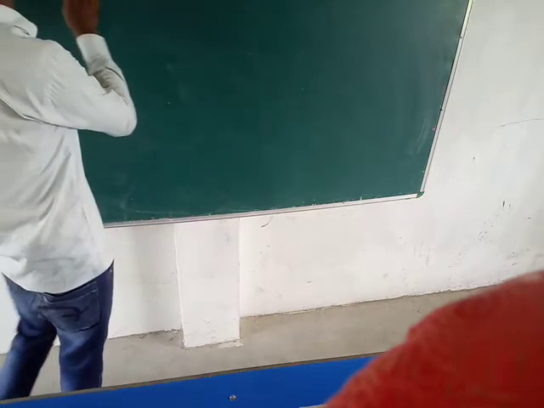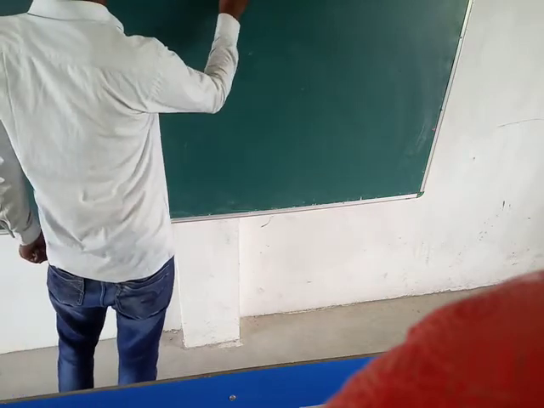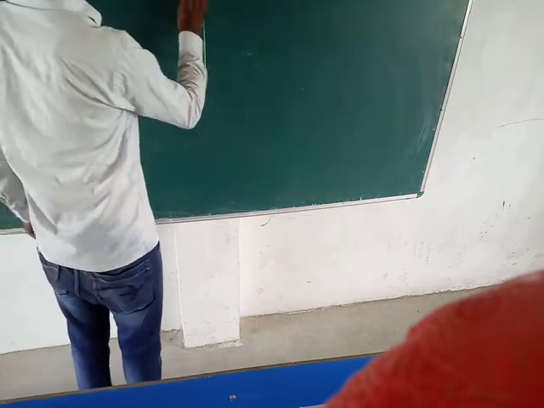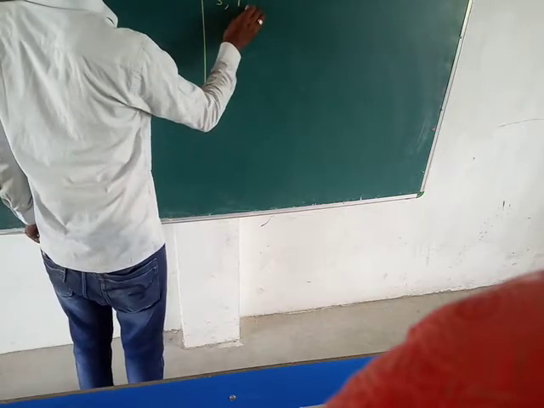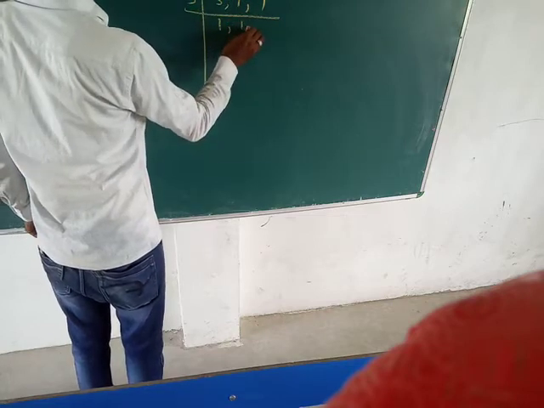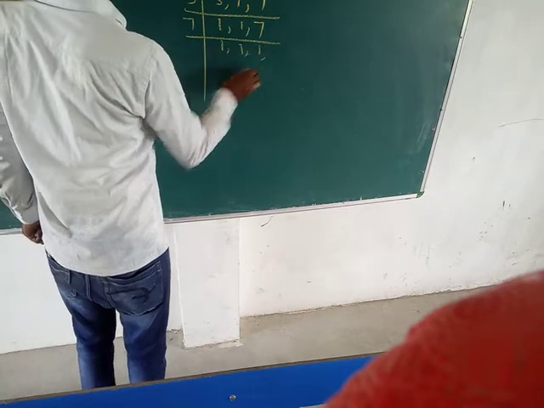First we take the LCM of 9, 3 and 21. 9, 3 and 21, we get 3 3 ja 9, 3 1 ja 3, 3 7 ja 21, 3 1 ja 3, 1 7, 1 1 1.